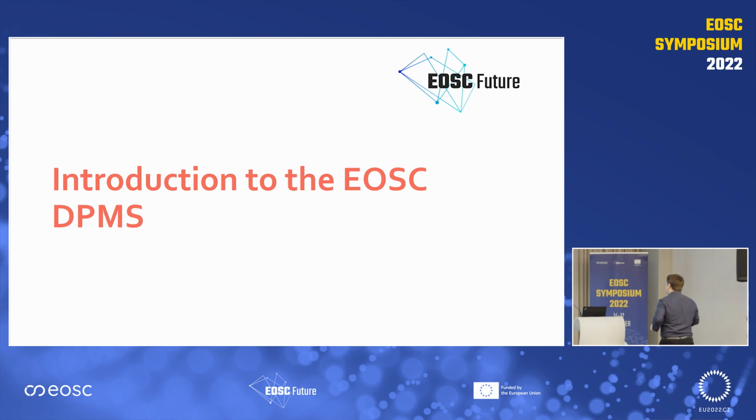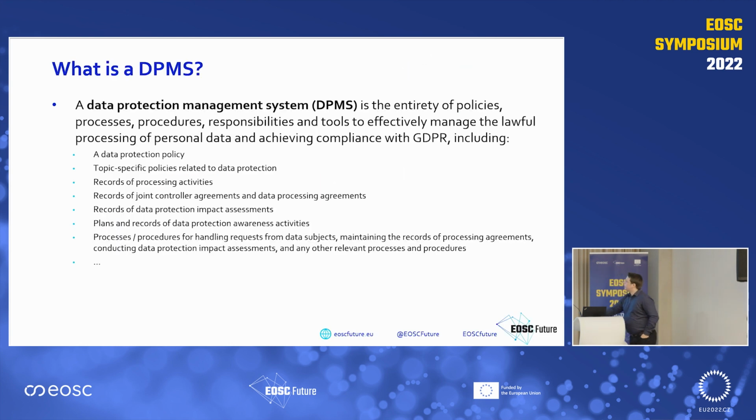So far, in EOSC we set up a data protection management system, not in the way that we consider the EOSC Future project a controller, but more as a supporting tool. By the way, the term DPMS is also a term from GDPR, so controllers are required to set up a so-called data protection management system.